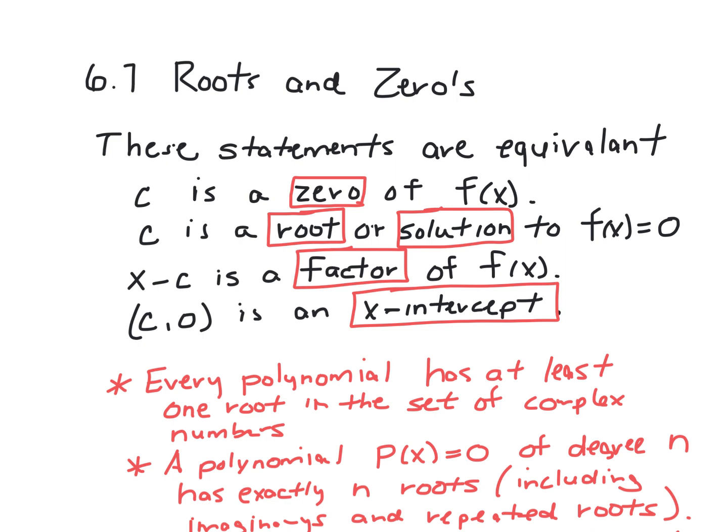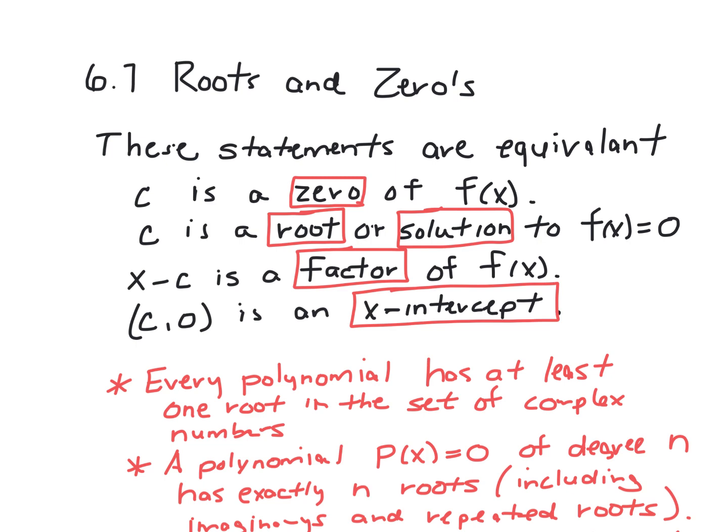If c, or x, or whatever the variable would be, is a zero of the function, then we know that same c value is a root or a solution to that function equal to 0. We would also know that x minus c is a factor of f of x, and that the point (c, 0) would be an x-intercept.